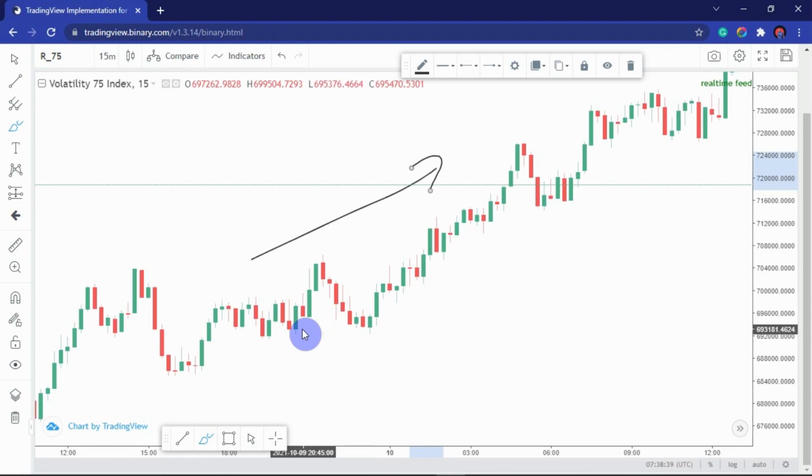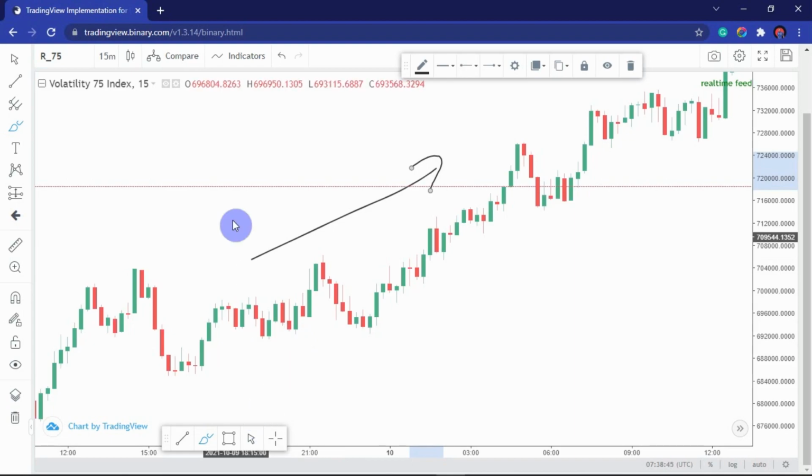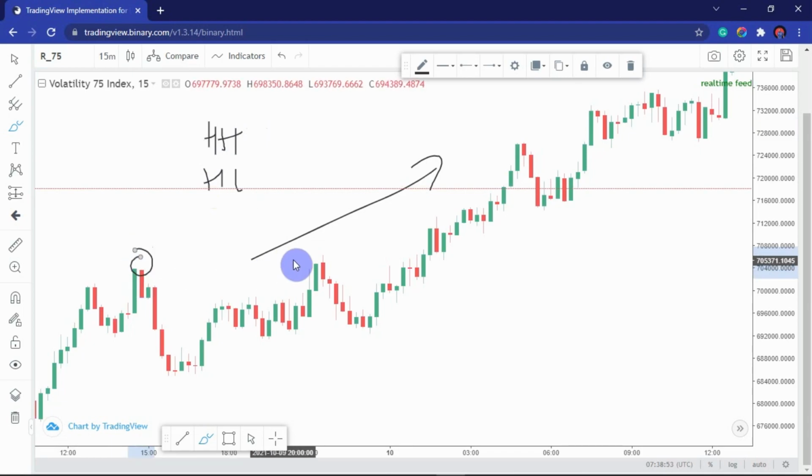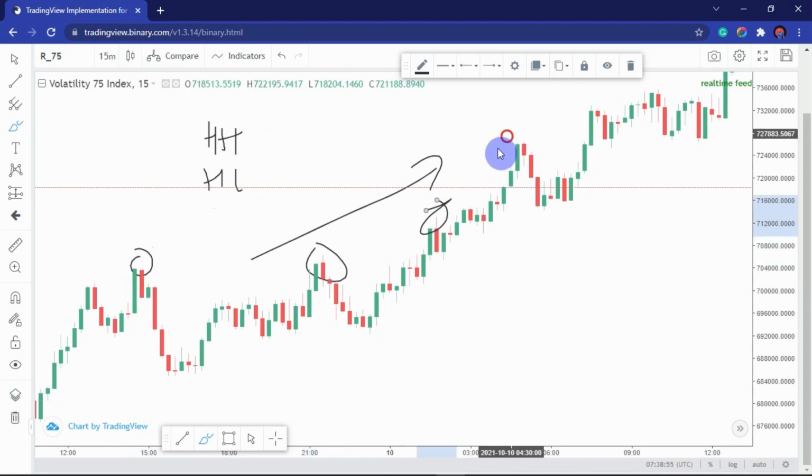And I know that a lot of you know how to identify a trend. It is not something hard. You just spot a pattern of higher highs and higher lows. That's equal to an uptrend. So if you see highs getting higher and higher, it means that it's an uptrend. And if you see the highs getting lower and lower and the lows getting lower and lower, it's a downtrend. So that's so basic.